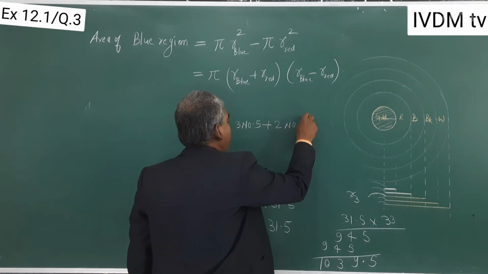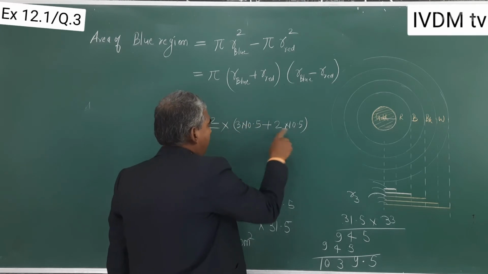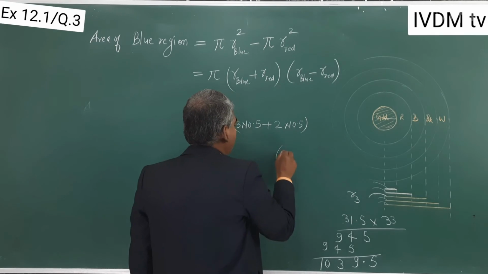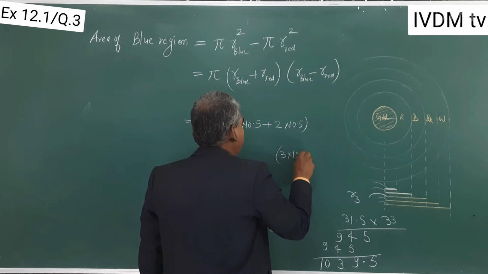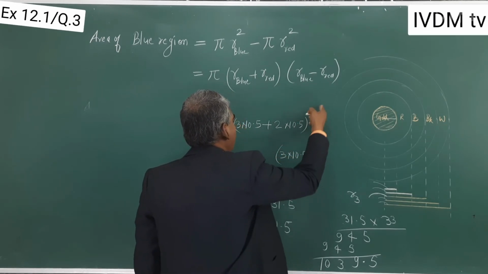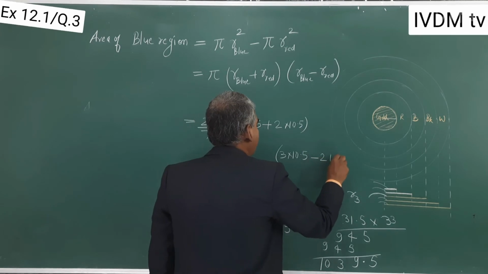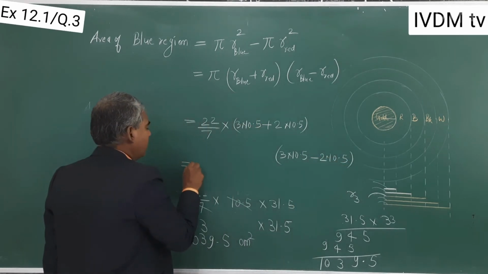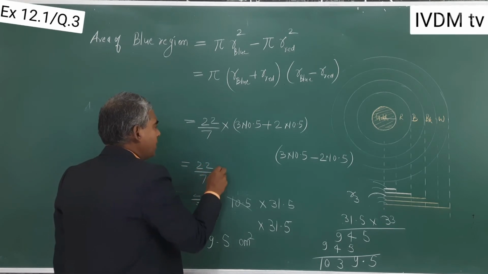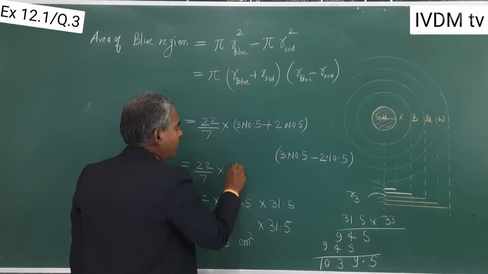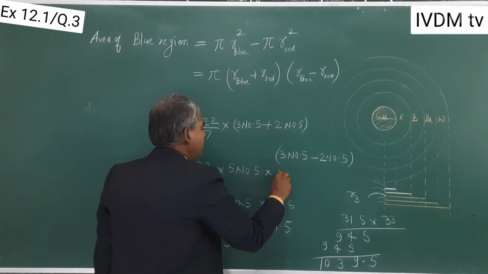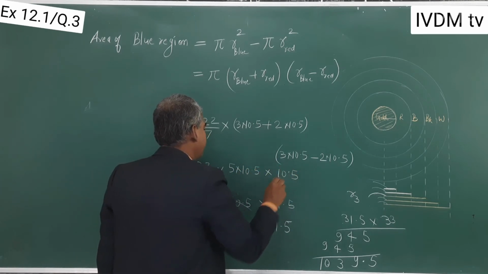So actually it will be 5 times 10.5, and multiply r blue, 3 times 10.5, minus r red, 2 times 10.5, is equal to 22 upon 7 times 5 times 10.5 and this is 1 times 10.5.